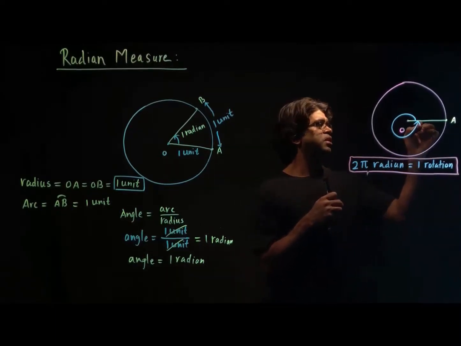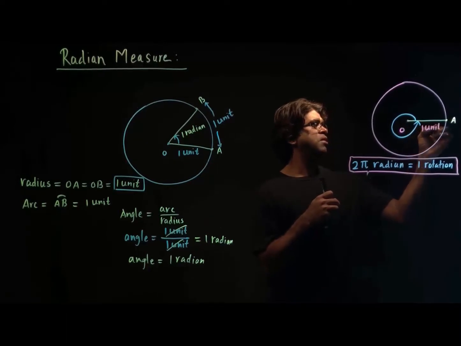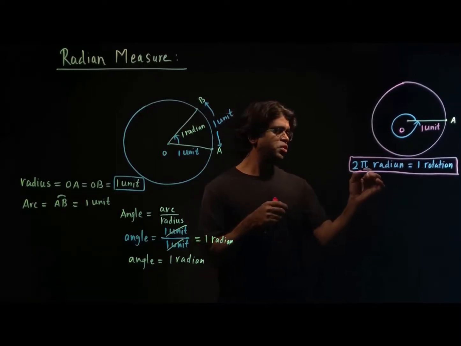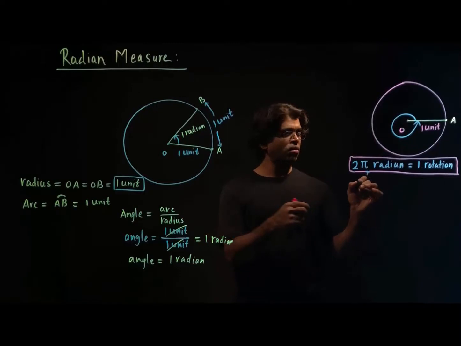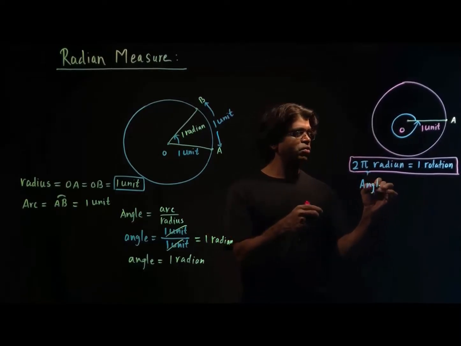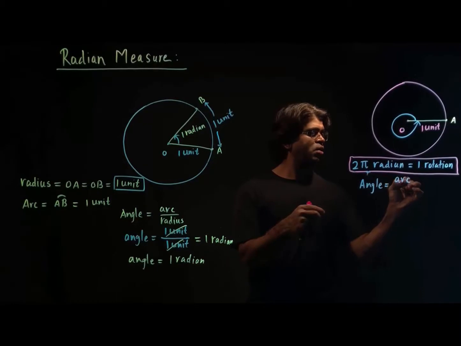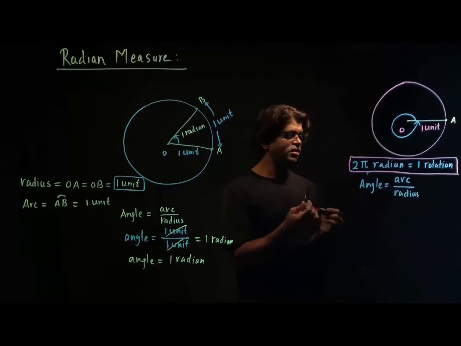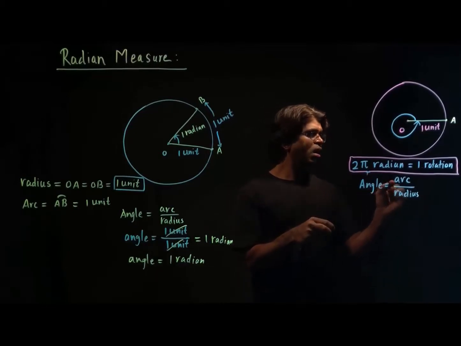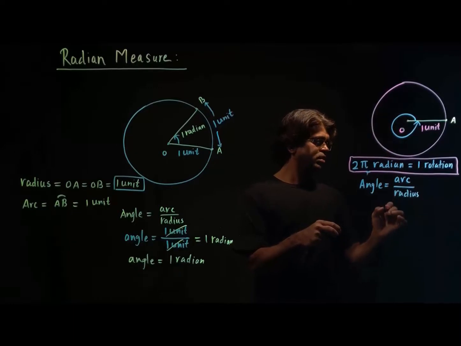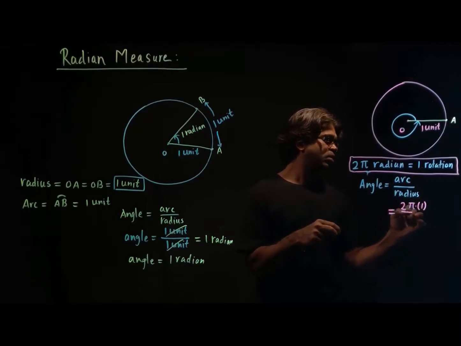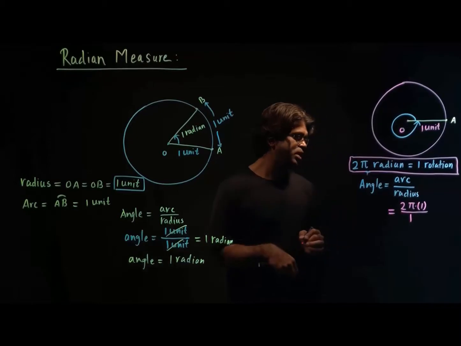So if you do one rotation, you cover an angle of 2 pi radian if the radius of the circle is 1 unit. How did I get that? Let's see. We need to use the formula angle is equal to arc over radius. As you can see, my arc is around the circle, which is 2 pi, and the radius is 1, so it's 2 pi times 1 over 1 unit.